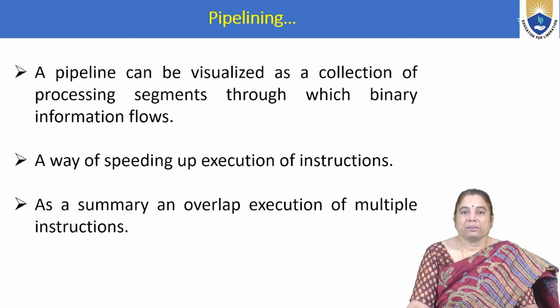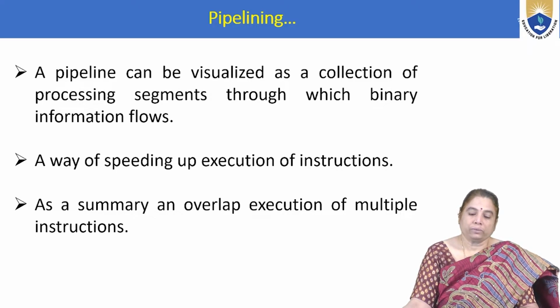The segments execute in parallel so that data flows between these segments concurrently. Pipelining is the way of speeding up execution of instructions. As a summary, a pipeline can be termed the overlapped execution of multiple instructions.